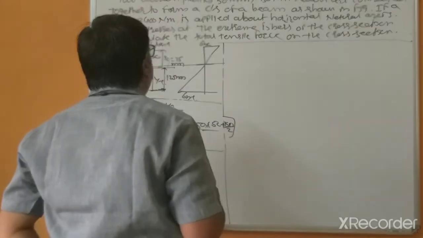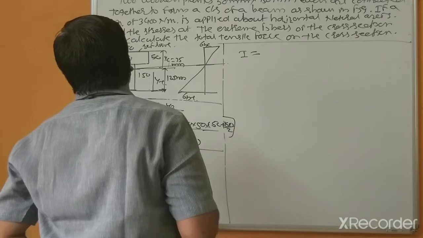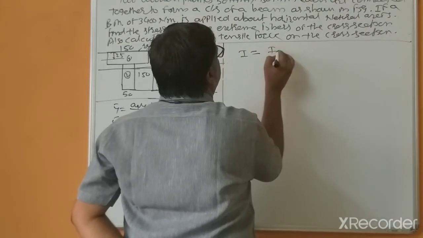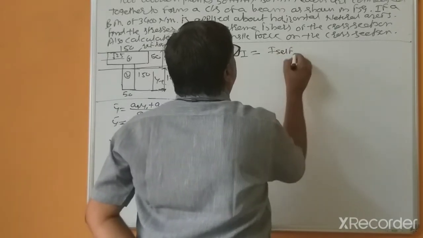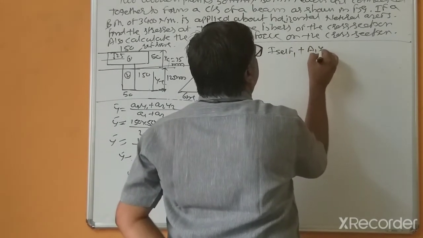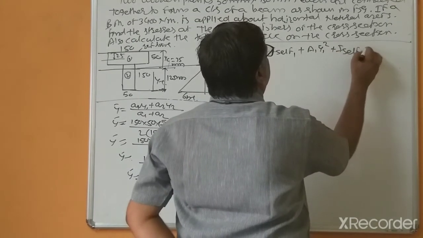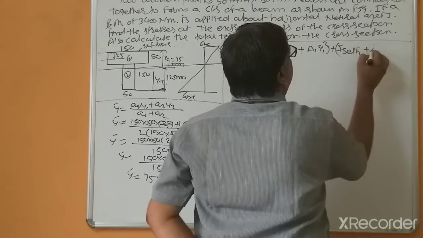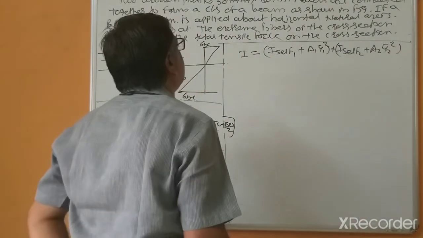Next, moment of inertia. Moment of inertia equals, now by using parallel axis theorem, self moment of inertia for first section plus A1 Y1 bar square plus self moment of inertia for second section multiplied by A2 Y2 bar square.